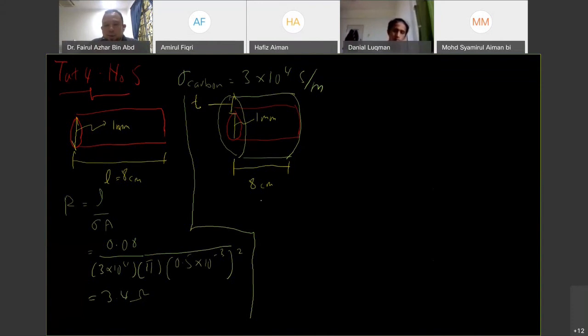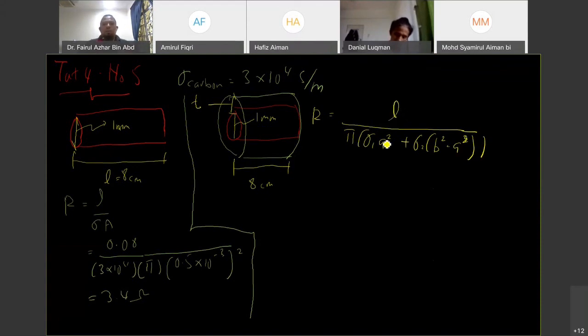Based on the answer given in question number 3, in order to calculate the resistance for this condition, we have R equal to pi times sigma 1 A squared plus sigma 2 B squared minus A squared, and here we have L. Sigma 1 represents the conductivity of the carbon, the value we searched just now.